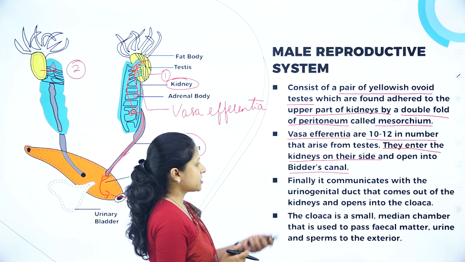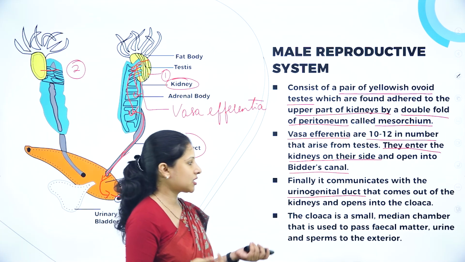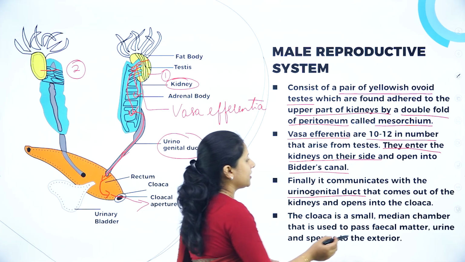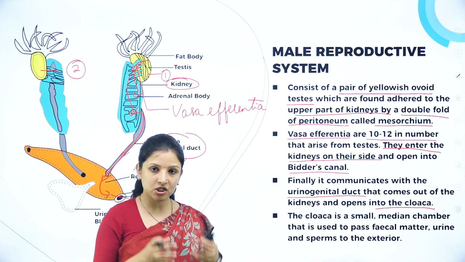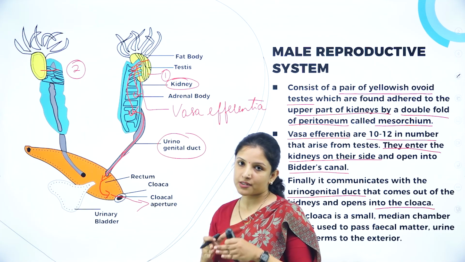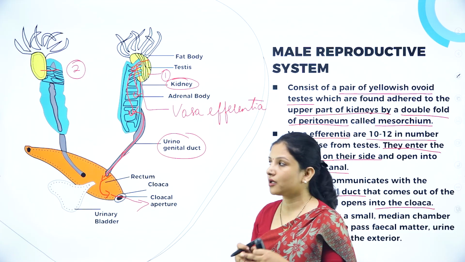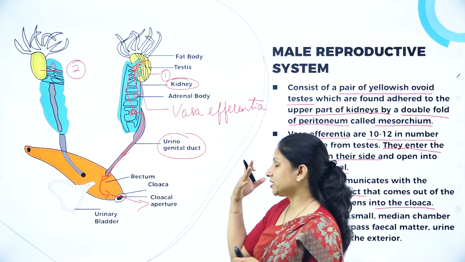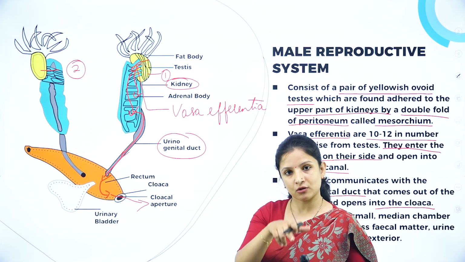So finally, it communicates with the urinogenital duct or the ureter, which comes out through the kidney, and then it opens into the cloaca. And the cloaca is a very important chamber because all the organ systems in the frog finally end up or meet in the cloaca only. For example, the digestive system, wherein the intestine will open into the cloaca.